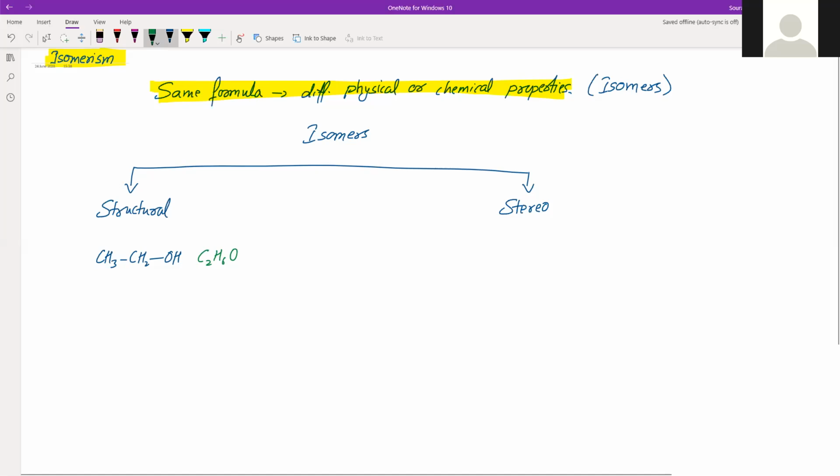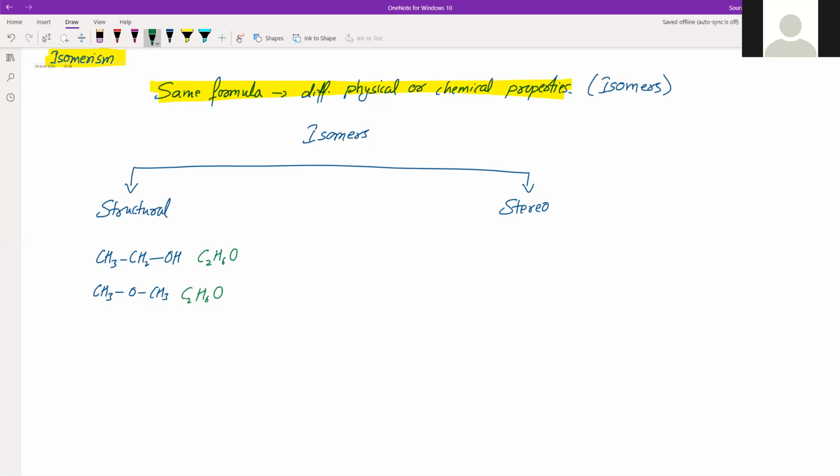The same molecular formula can have a different structure as well. So what is that possibility? It can be CH3OCH3. Even here, the formula is the same: two carbons, 6 hydrogens and 1 oxygen.